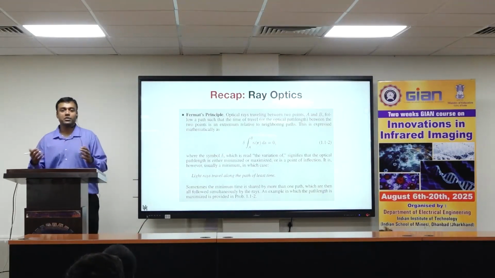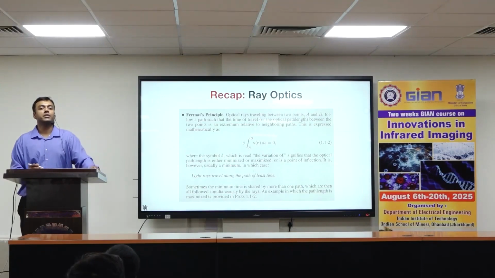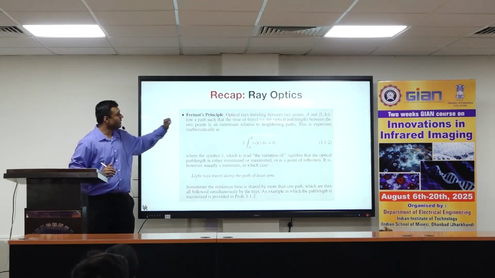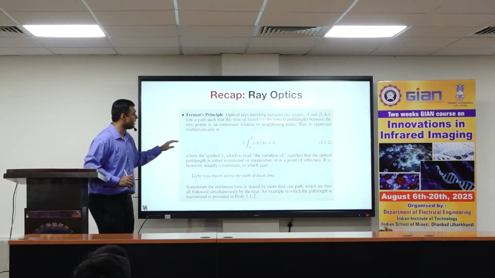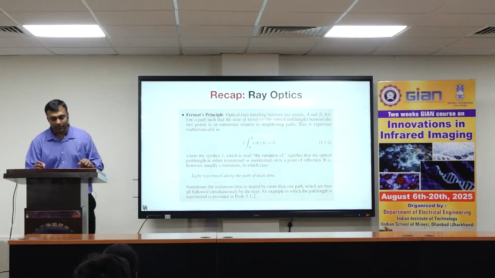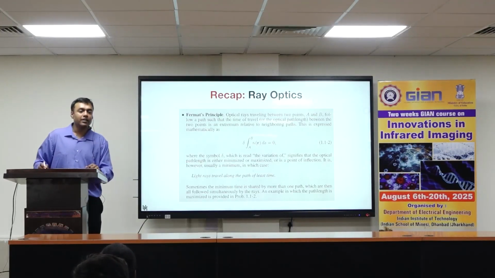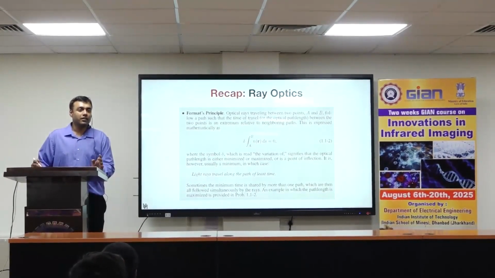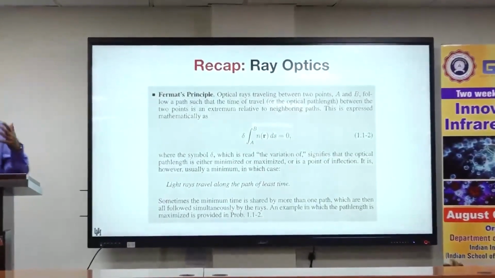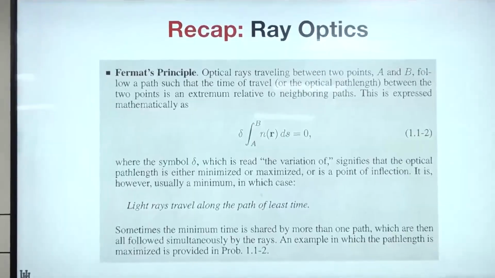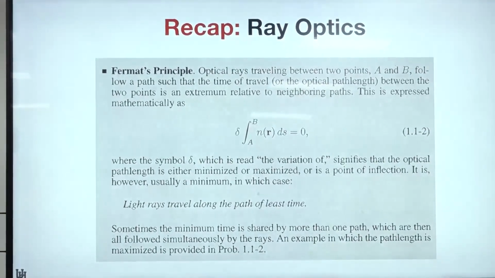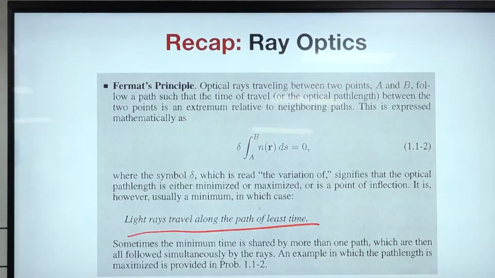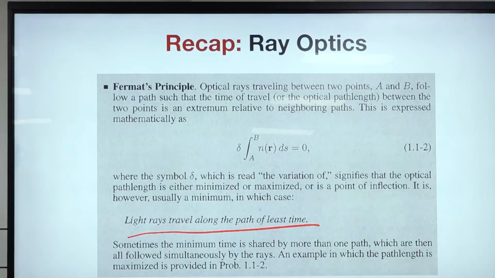There are a few simple postulates, basically the principles which are the assumptions of ray optics, the key one being Fermat's principle, which says that if light travels from point A to B, it takes the shortest time to go from A to B. Ray optics is built on these basic postulates of this sort. So light rays travel along the path of least time.